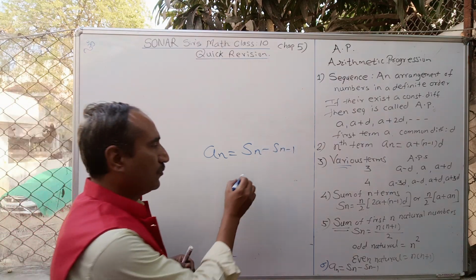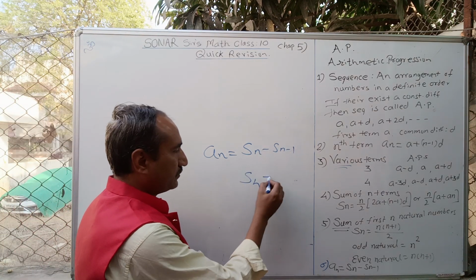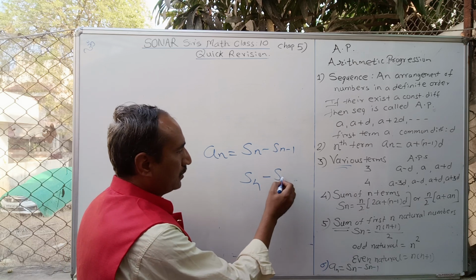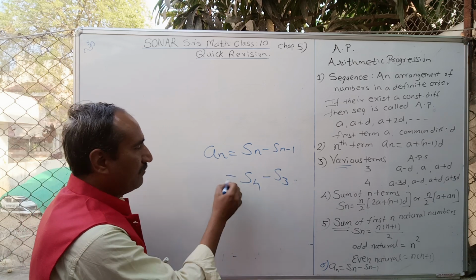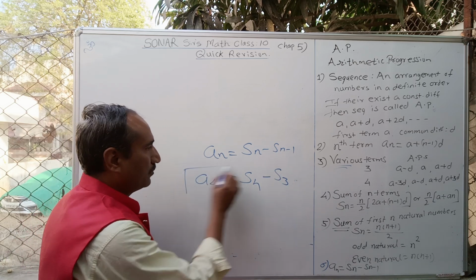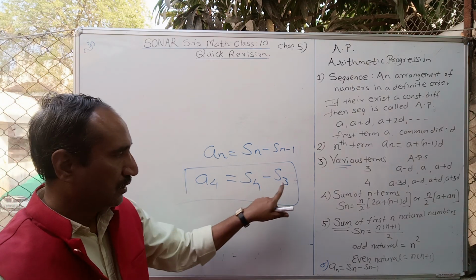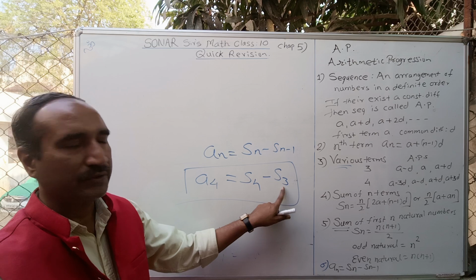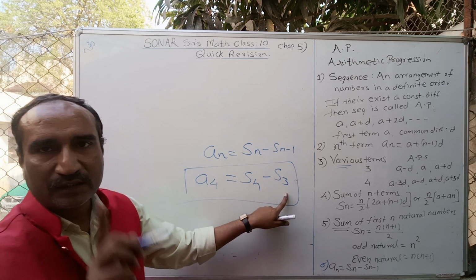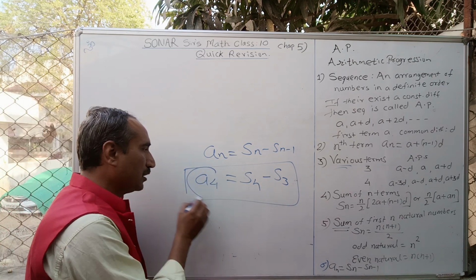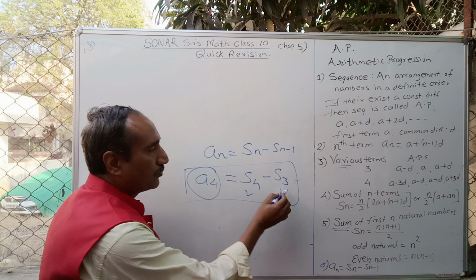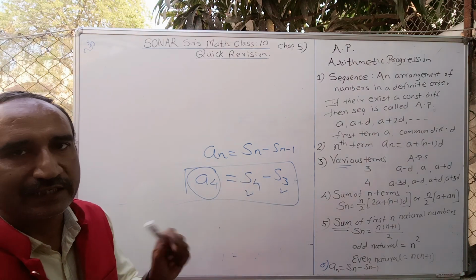If the sum of the first 4 terms is given and we subtract the sum of the first 3 terms from it, at that time we'll get the 4th term of the AP. Sum of the first 4 terms is known, sum of the first 3 terms is known, and if we subtract them, then we'll get the 4th term.